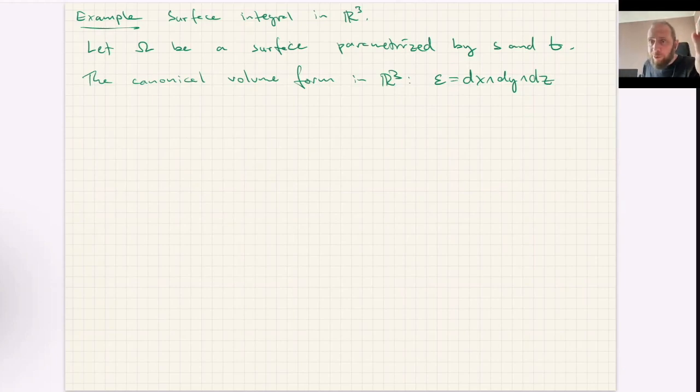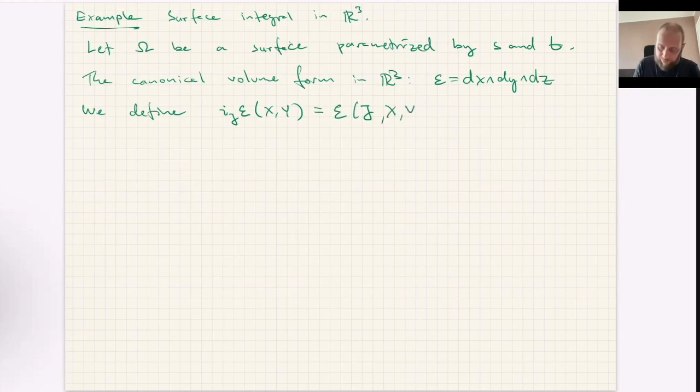So that's a 3 form. How can I use a 3 form to get a 2 form? Well, I need to insert a vector into it. So we define the insertion of a field J into epsilon. This is supposed to be a 2 tensor, so with X, Y being vector fields, it should give a number. I define that as epsilon, where we insert J into the first argument, and then X and Y.